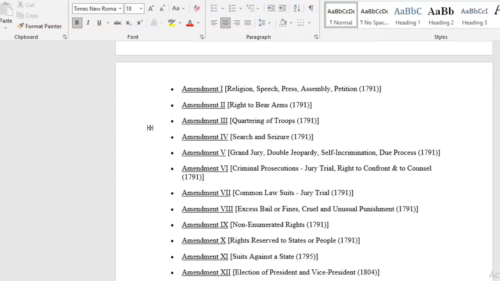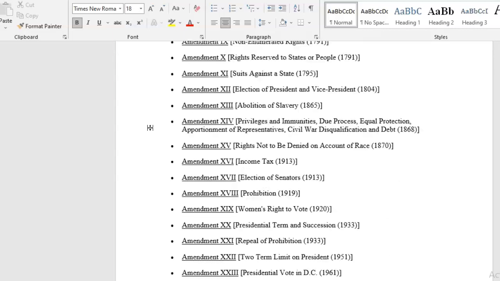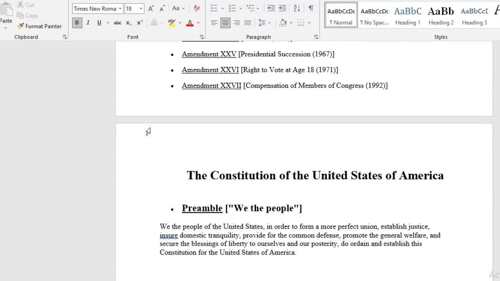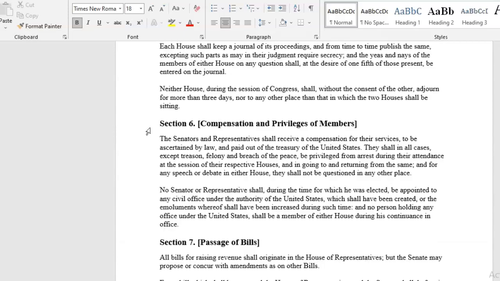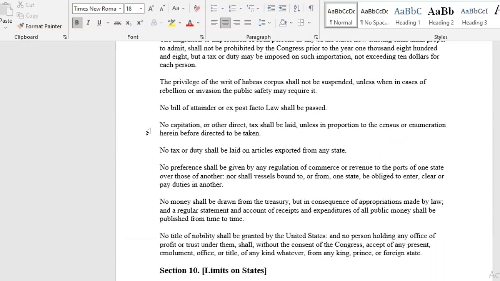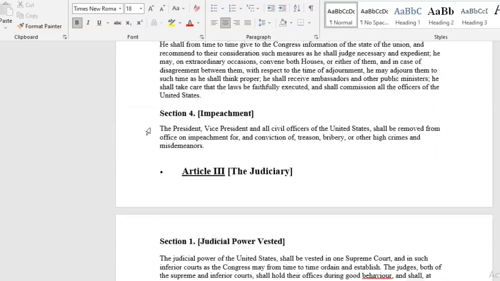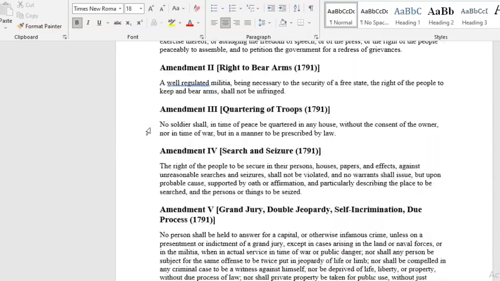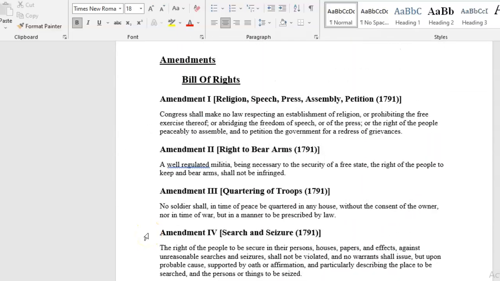So we're just going to jump right into that and look at those amendments today, which is commonly referred to as the Bill of Rights. Let's get down here. So, amendments, I put Bill of Rights here because that's your first 10, and these first 5 are what we went over last Zoom meeting.